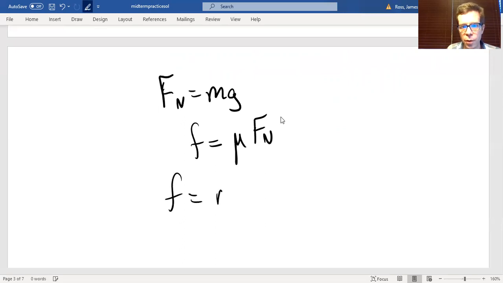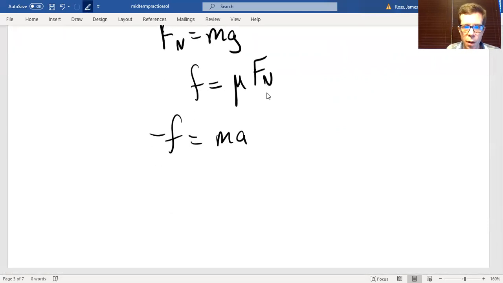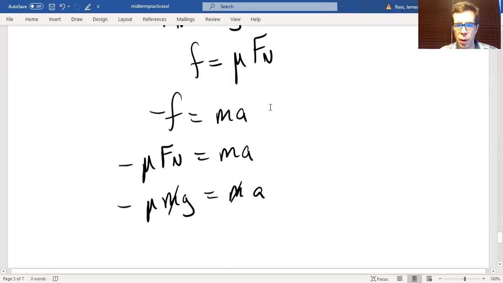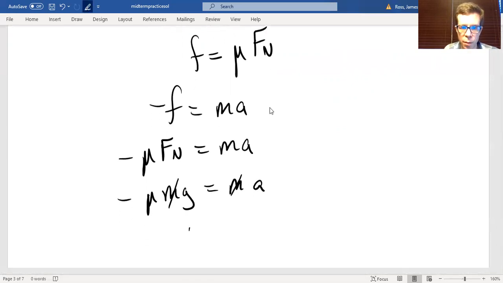We got friction equal to ma. So we get minus mu times the normal force equal to ma, minus mu times mg equal to ma. Now we divide by m, and we get mu is equal to minus a over g.